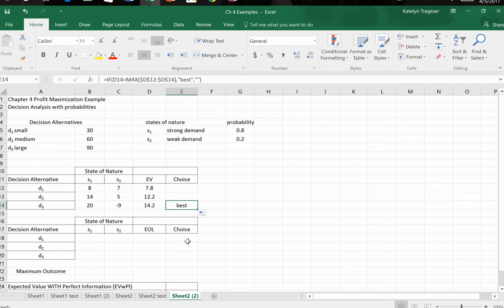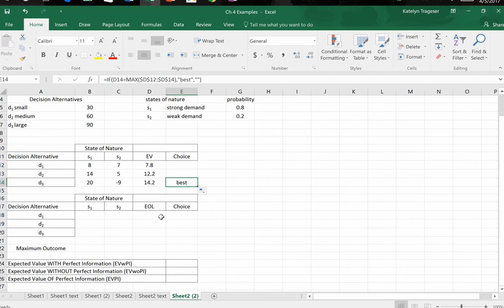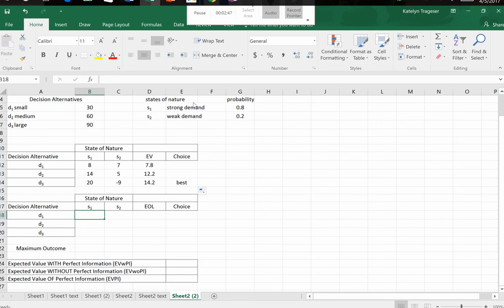So now we need to move down and look at our expected opportunity loss. We have a few more formulas to deal with. First, we want to fill in this state of nature column here. We want to subtract the value that we see up in our first table from the maximum value in that same column.